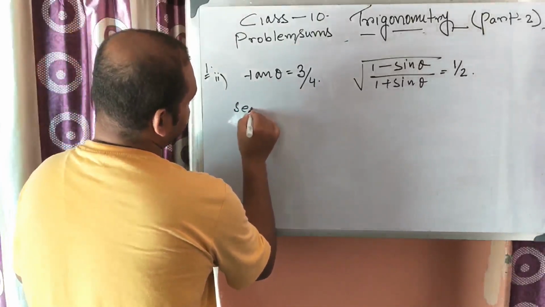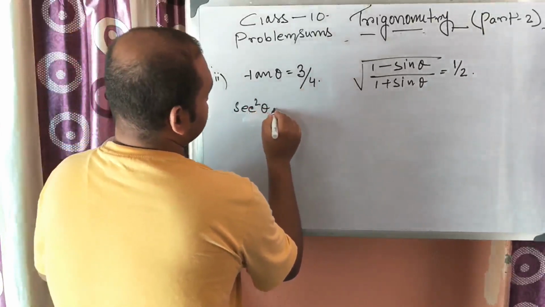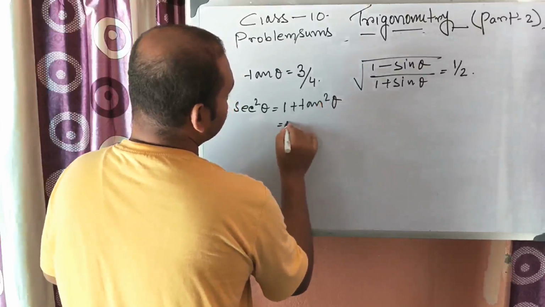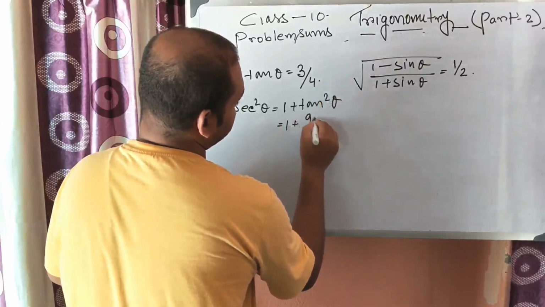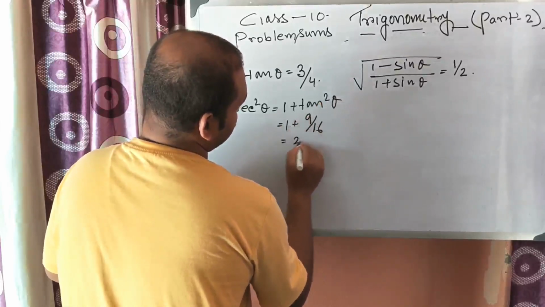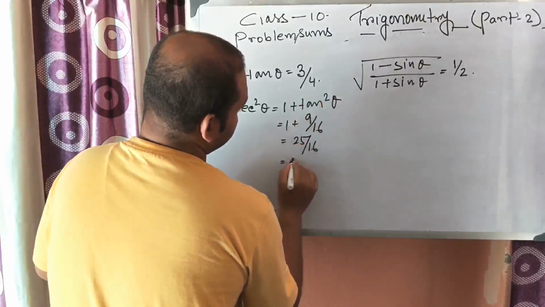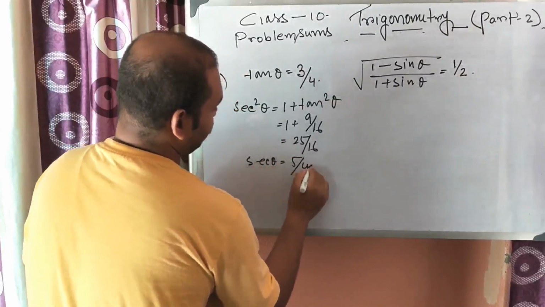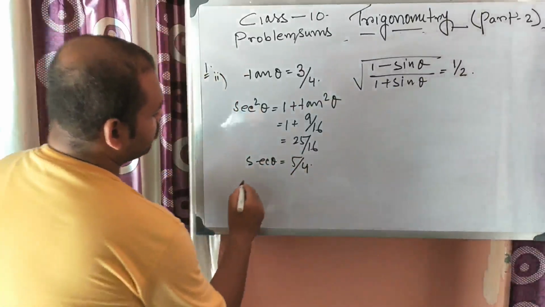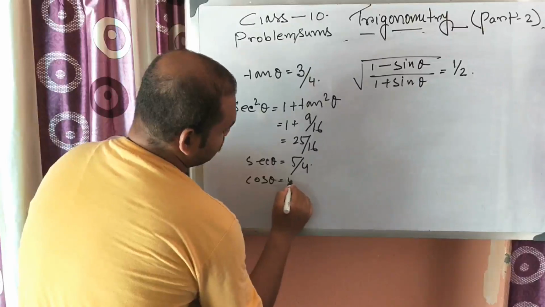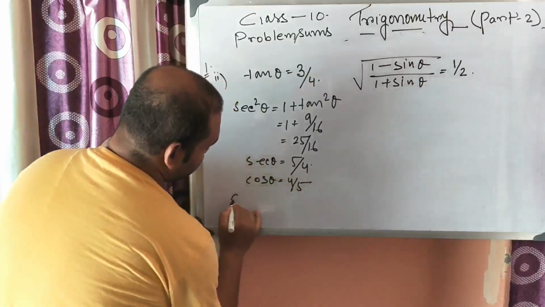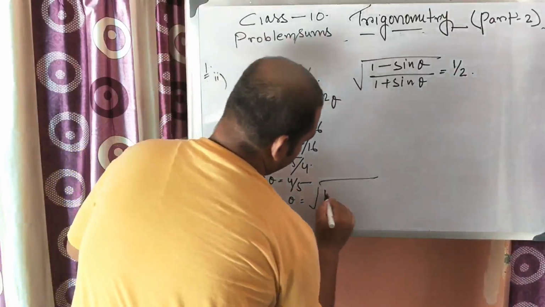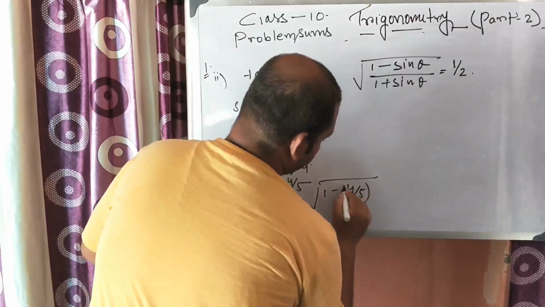We know sec square theta is equal to 1 plus tan square theta, and 1 plus tan square theta is 1 plus 9/16, that is 25/16. So sec theta will be 5/4. So if sec theta is 5/4, cos theta is equal to 4/5, and sin theta will be root over 1 minus (4/5) whole square.